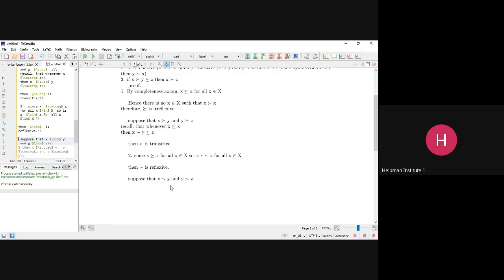What should be our expectation here? Anybody? Then x is indifferent from z. That's beautiful. So then x is indifferent from z.